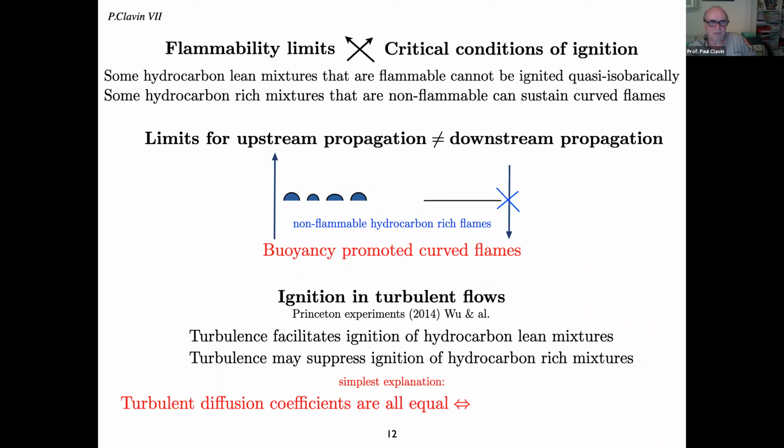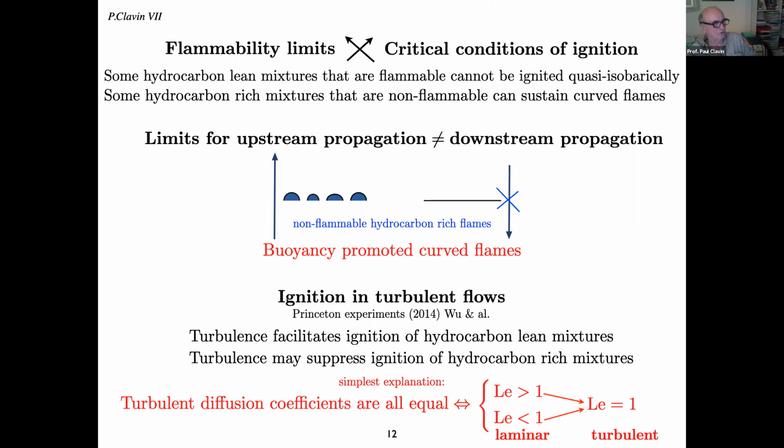A simple explanation of how turbulence can influence the initiation of flame is that turbulence, contrarily to laminar flows, has a diffusion coefficient.